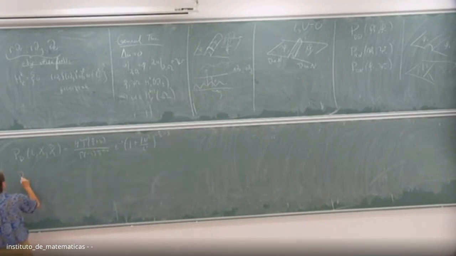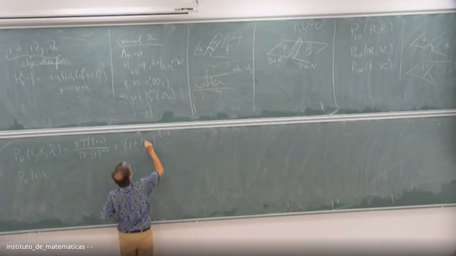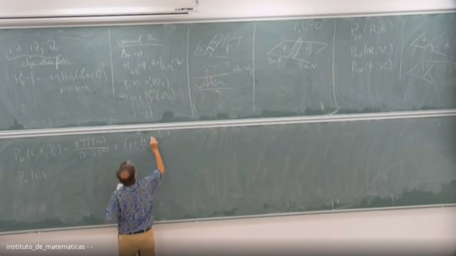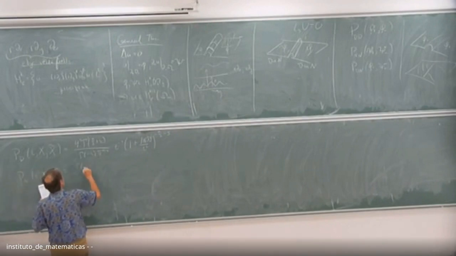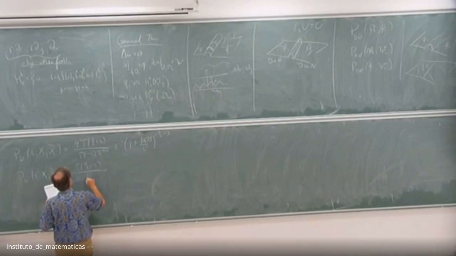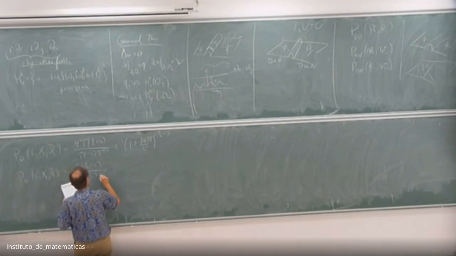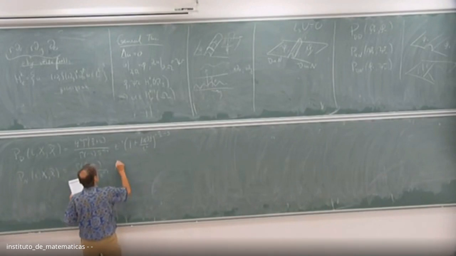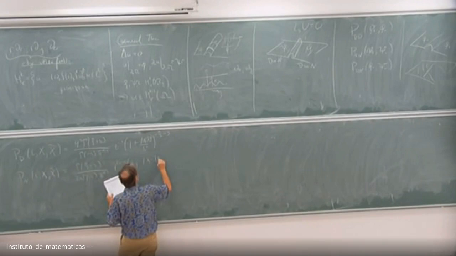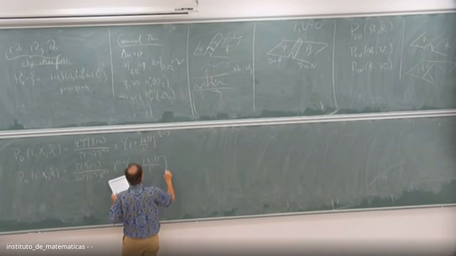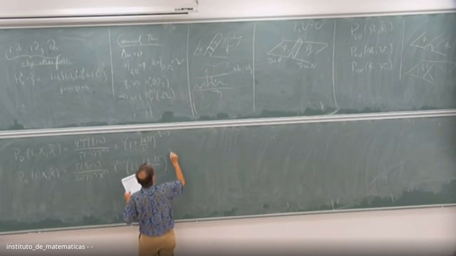And Neumann, excuse me, this should be x minus x tilde. So this is going to have similar sorts of factors: n over 2 minus s over 2s, gamma of minus s, pi to the n over 2, t to the 2s minus n, 1 plus mod x minus x tilde squared over t squared to the minus n over 2 plus s.